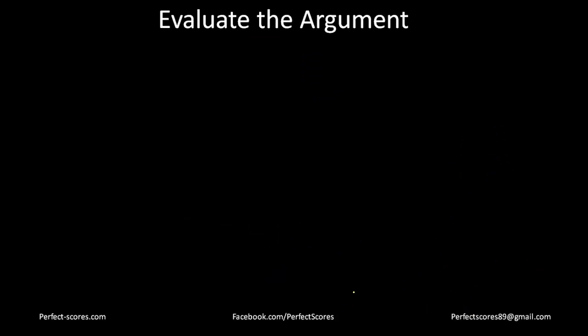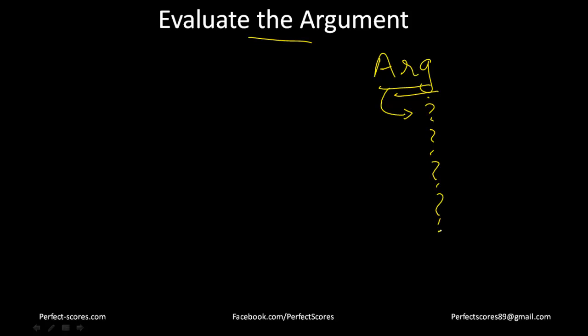Now here we have a new type of question, which is evaluate the argument. It's not a strengthening or a weakening question, but a mixture. If you're given an argument, you are basically given the options in the form of questions. So options in the evaluate the argument kind of question are usually given to you in the form of questions.